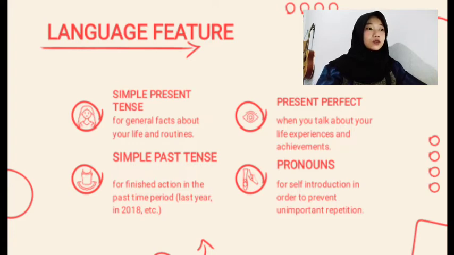And then you can use simple past tense for finished actions in the past time period, like last year, in 2020, etc. And you can use present perfect when you talk about your life experiences and achievements. And the last is you have to use pronouns for self-introduction in order to prevent unnecessary repetition.